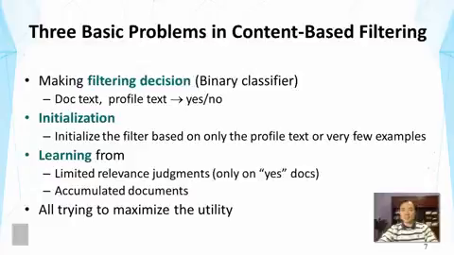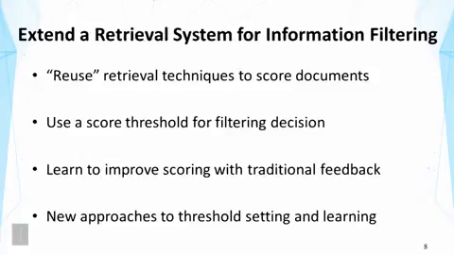If we don't deliver a document to the user, we would never know whether the user likes it or not. Right? And we can accumulate a lot of documents and can learn from the entire history. And all these modules would have to be optimized to maximize the utility.